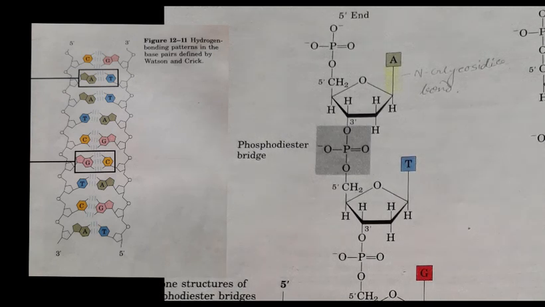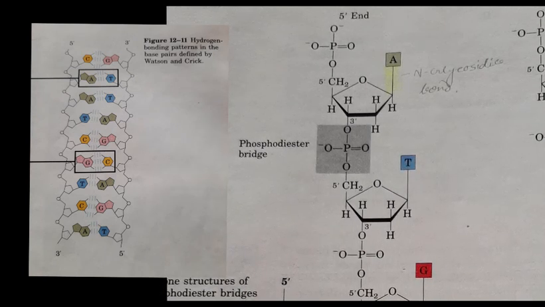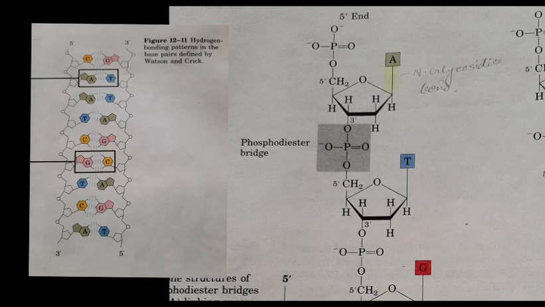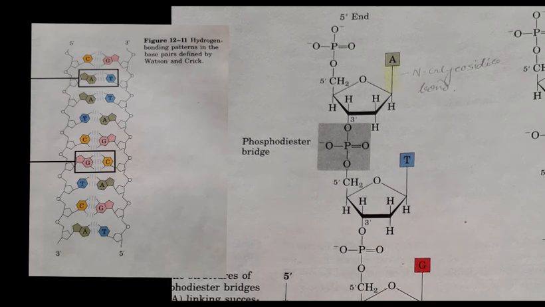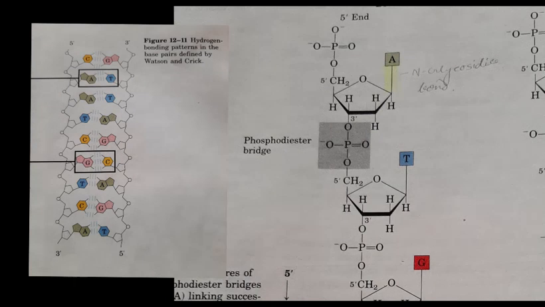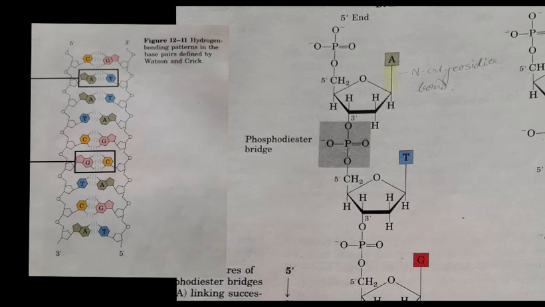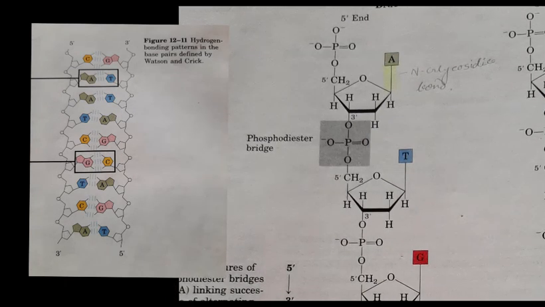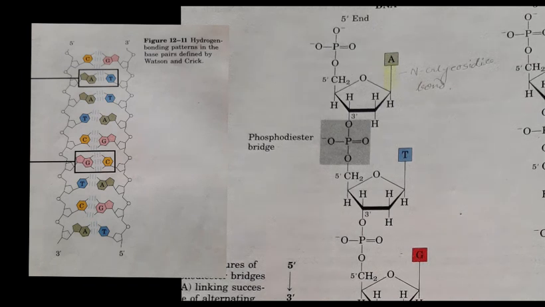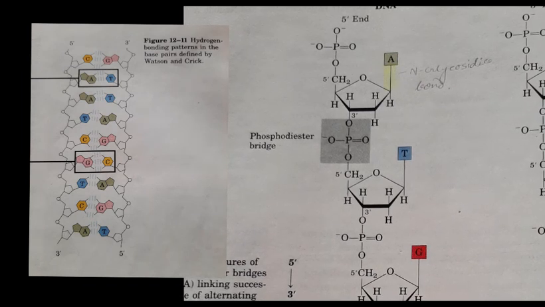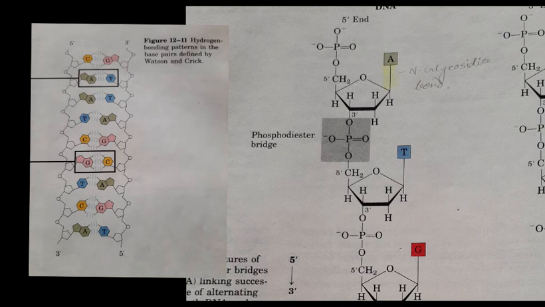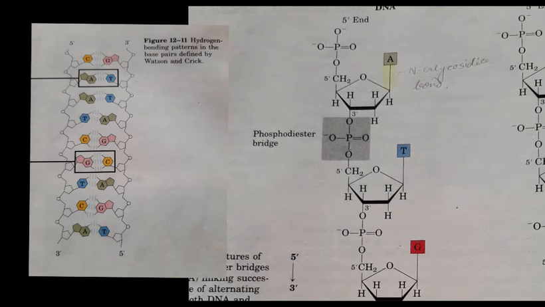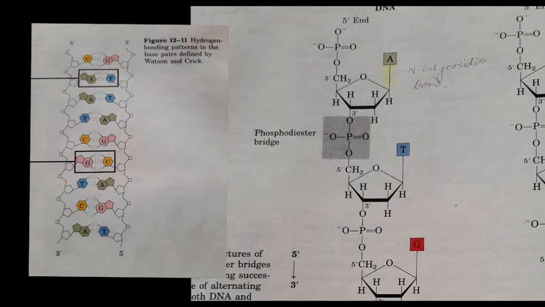Glycosidic term comes from glucose, sugar, the deoxyribose sugar that forms a bond with the purines and pyrimidines. So the linkages are called N-glycosidic linkage.